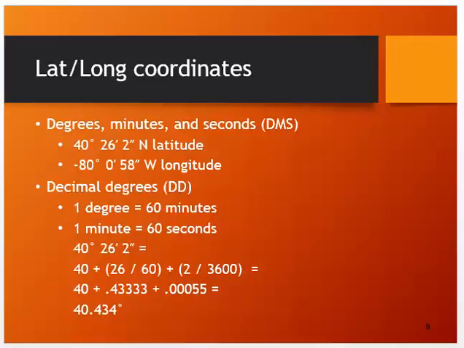So you can convert those numbers after the degrees into a decimal of the degrees by dividing the minutes by 60 and the seconds by 3600, then adding that together. So you see 40 degrees 26 minutes 2 seconds is actually 40.434 degrees.